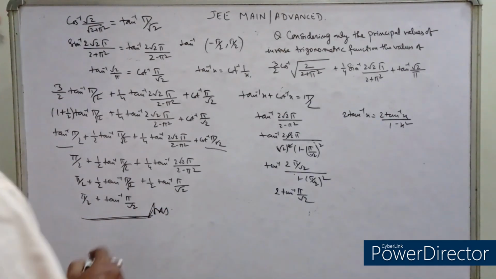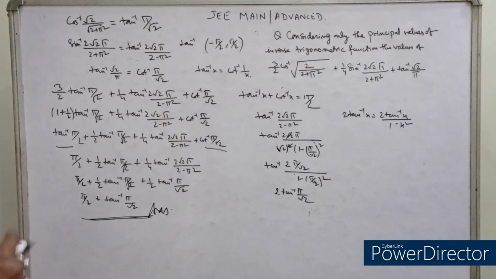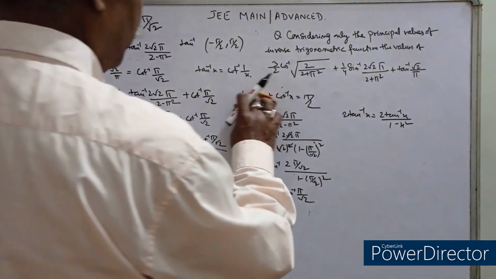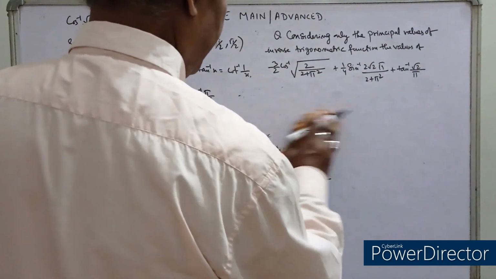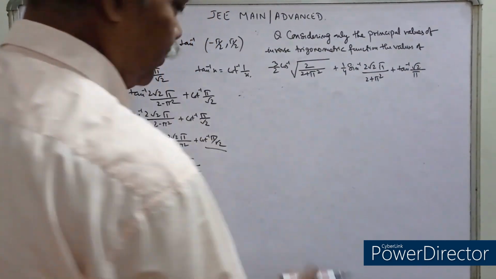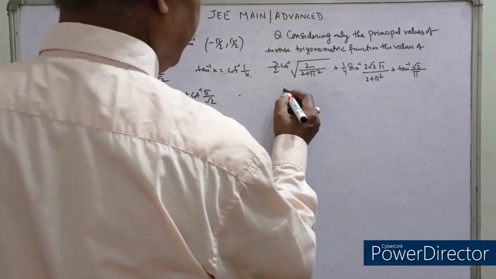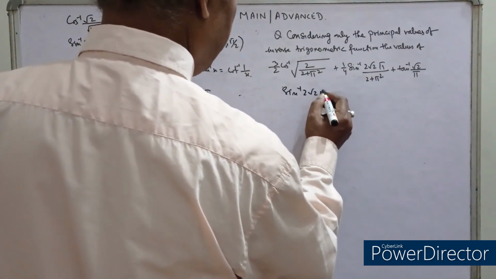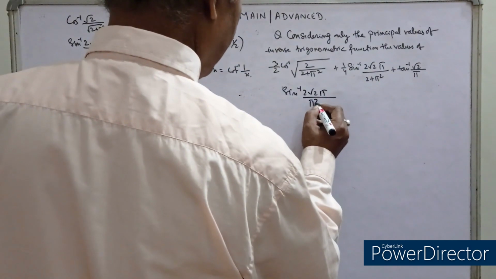There can also be one more answer. If we consider it, one more answer can take place. Suppose we take sine inverse 2 root 2 pi by pi square plus 2.